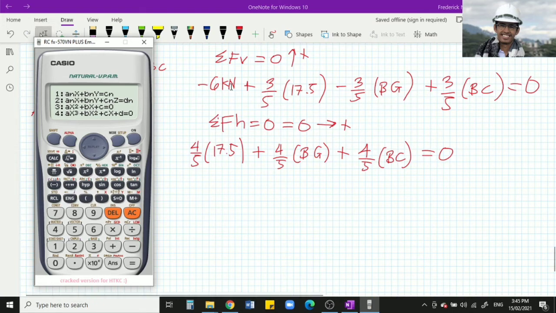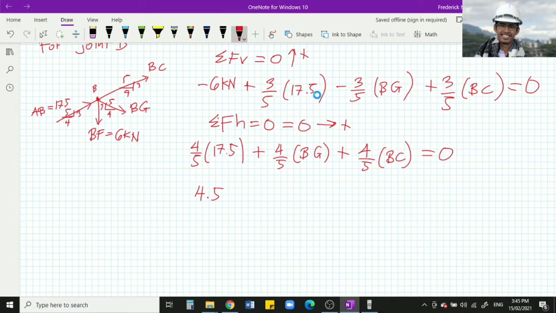So kailangan ganun din yung format ng i-input natin. So i-simplify lang natin to, that will be negative 6 kilonewton plus 3 over 5 times 17.5, so that will be equal to 4.5.